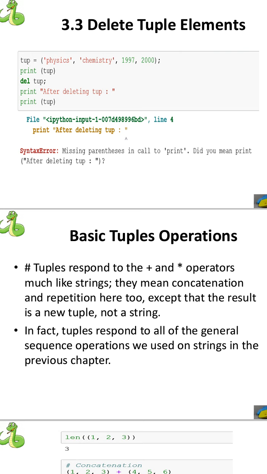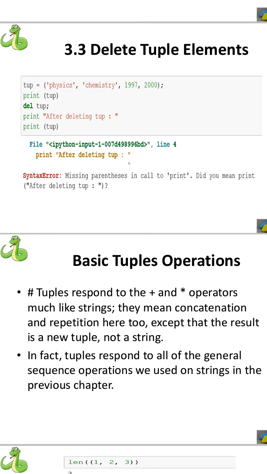After the delete operation, I am using a print statement, and with the print statement I am outputting a line, after deleting tuple colon, and this will be shown on the output console.